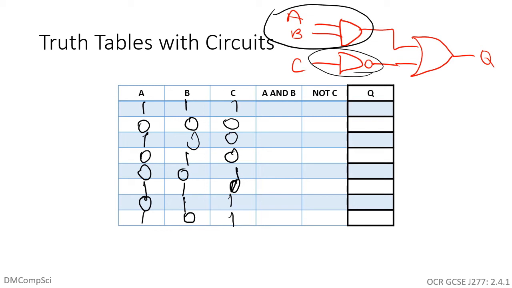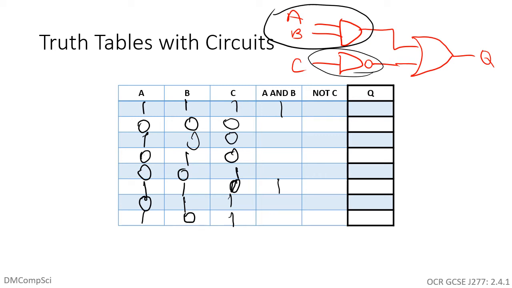Now, we know that A and B will only output 1 if A and B are both 1. So therefore, we can take a bit of a shortcut here and look at our table and think which rows have A and B both being 1. Now, the answer to that is this one here, and then this one here.